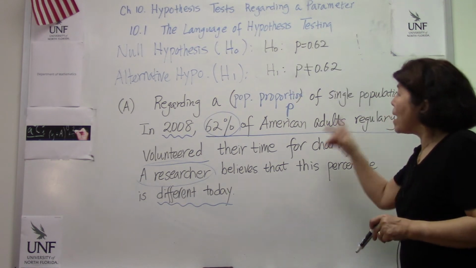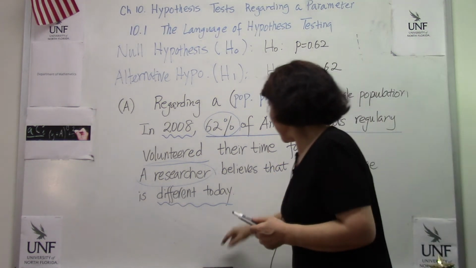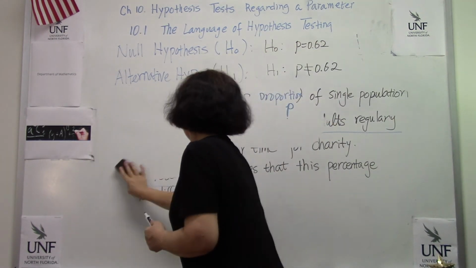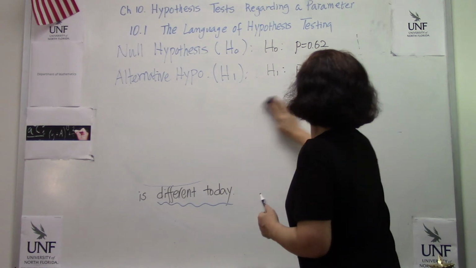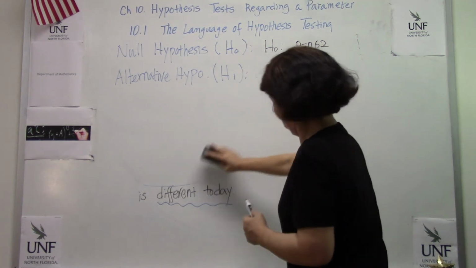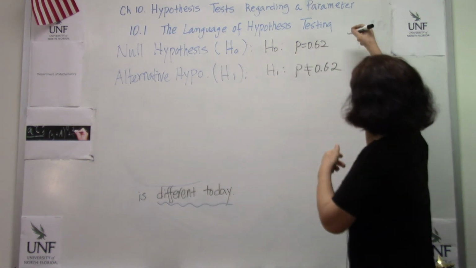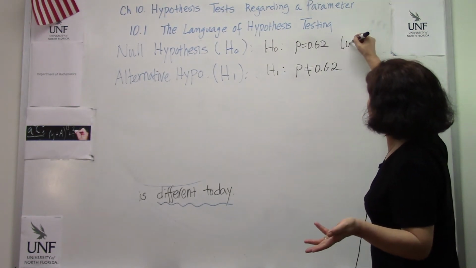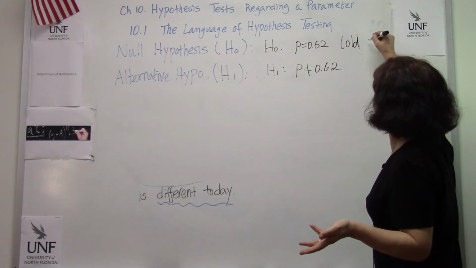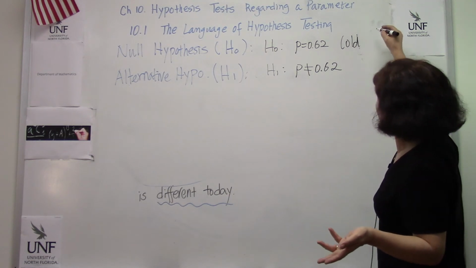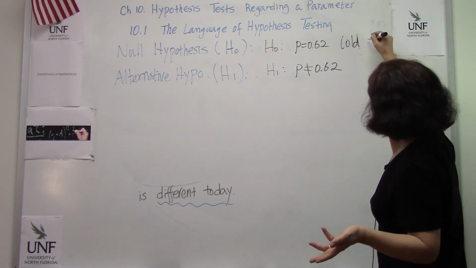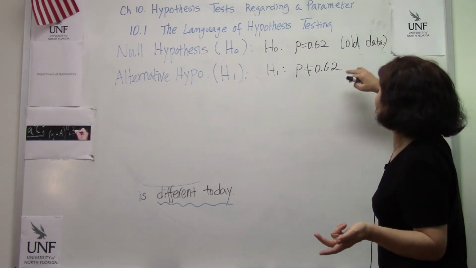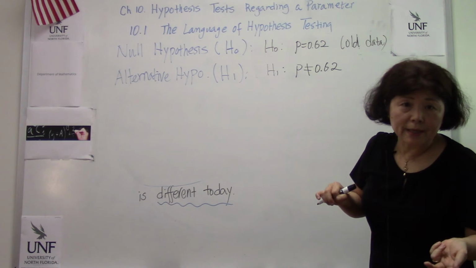Okay. So when the situation is like this, I'm going to give all this just alternative language. So this is the old statement, old data, old number, and this one is challenging it.